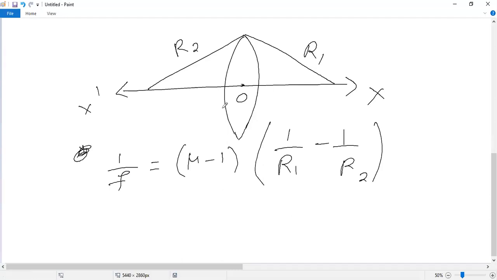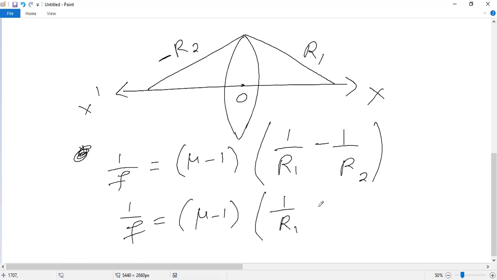Using the formula in a problem, R1 value positive, R2 value is negative, so minus R2. So minus into minus, plus will come. 1 by f equal to mu minus 1 into 1 by R1 minus into minus plus 1 by R2.